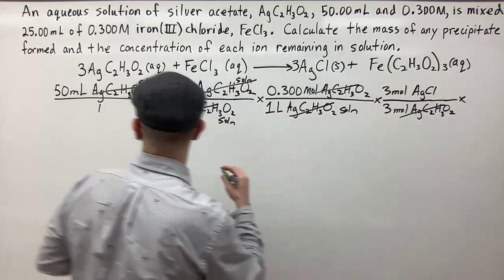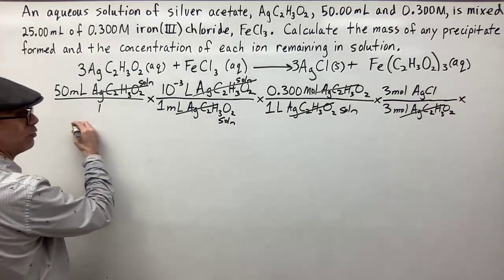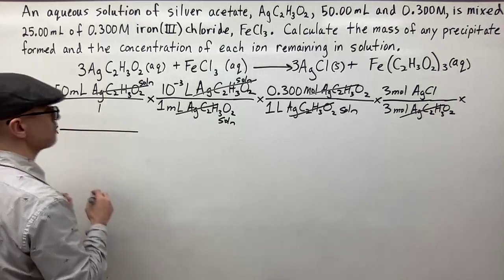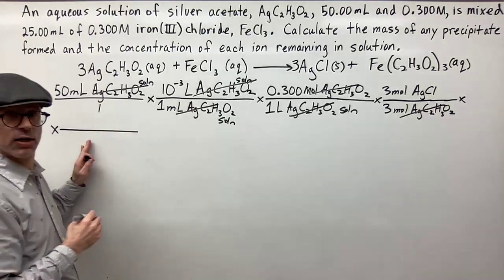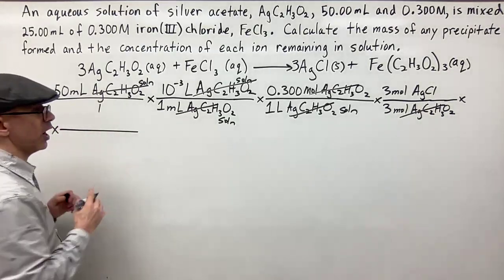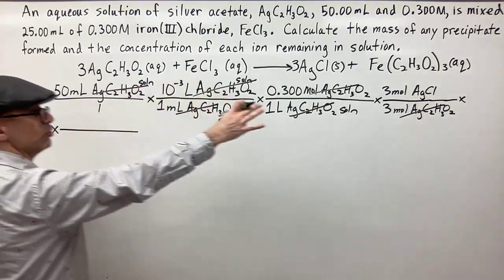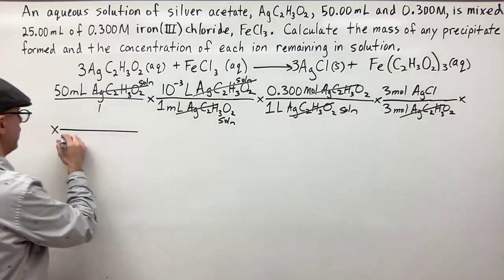143.32. So I'm going to continue over here since we're out of room. Here I'm going to put the molar mass. So I have moles on top, and down here I'm going to have moles on the bottom.